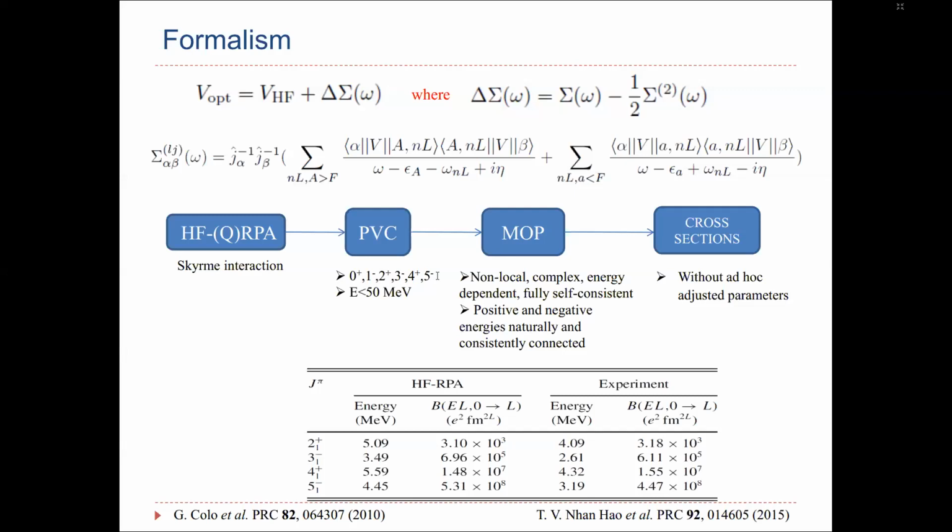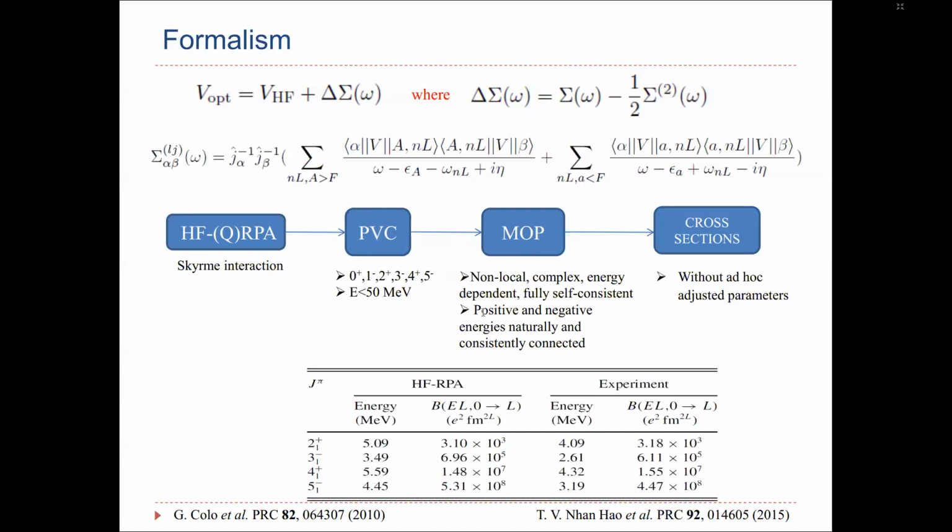In our approach, I neglect the unnatural parity, and I limit the phonon energy to lower than 50 MeV, because of the limit of the SCUM interaction used in the particle vibration. And the next step, I use the described formalism to calculate the microscopic potential.